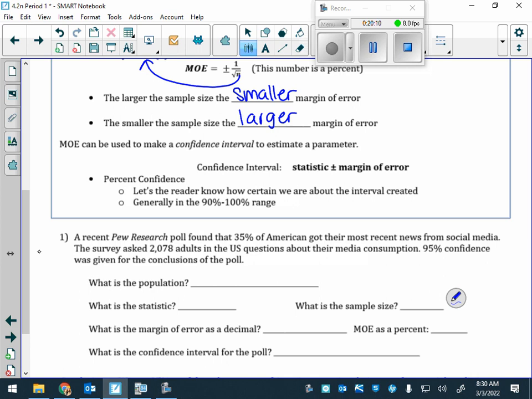It's always going to be 95%. That we're very close to the true proportion. That's what it means. Okay? So anytime we're coming up with a confidence interval, it's our statistic that we received plus or minus our margin of error. Okay, so it gives you a range. It's a buffer to give a better idea of where people might fall depending on what you're looking at.